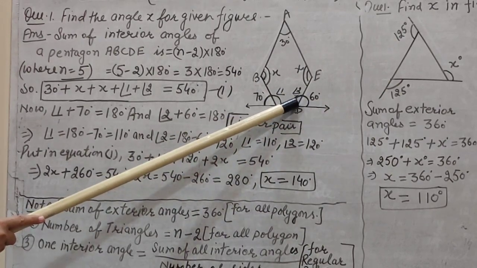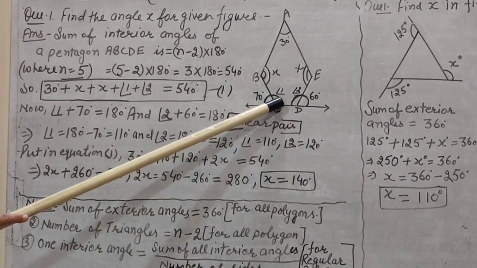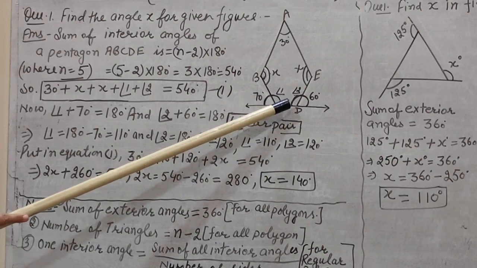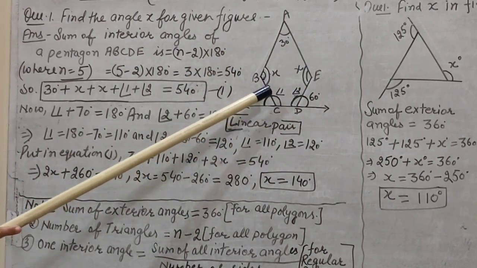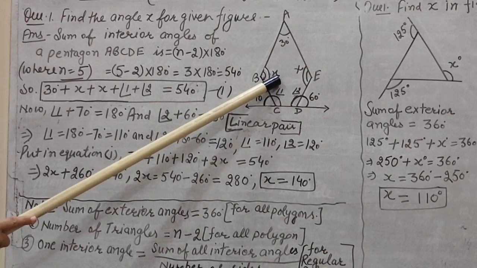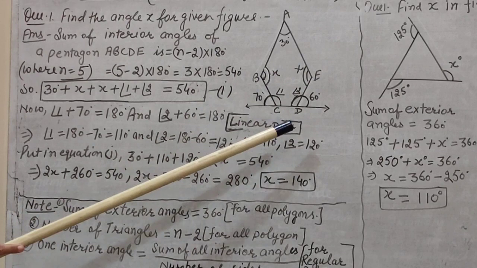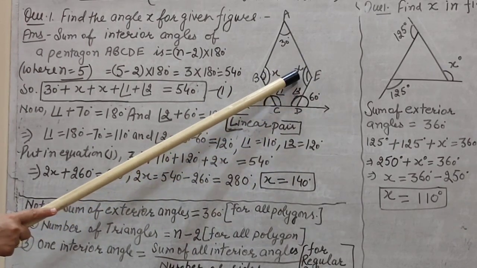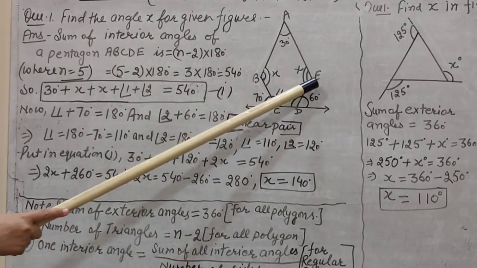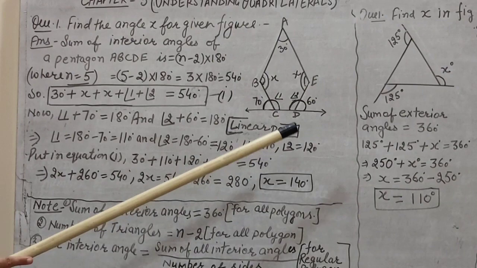The name is not given to any angles, so first of all we have to give the name to those angles, because we have to use this property, that is sum of interior angles, to find out the value of x which is in the interior of the pentagon. Next, angle E is equal to x. Now these two angles are equal as the value of both the angles are x.